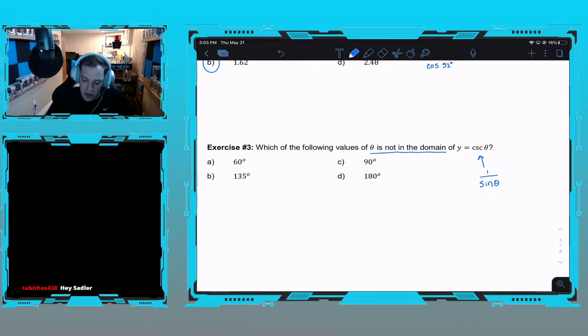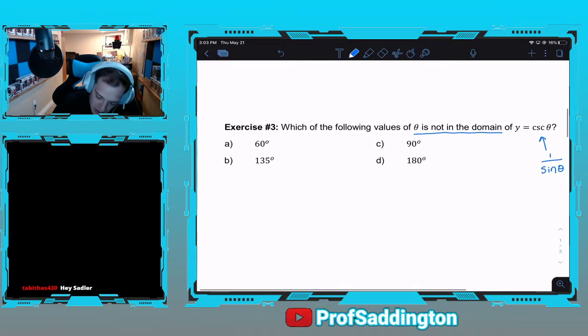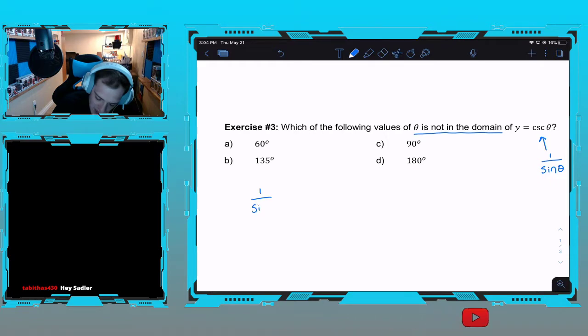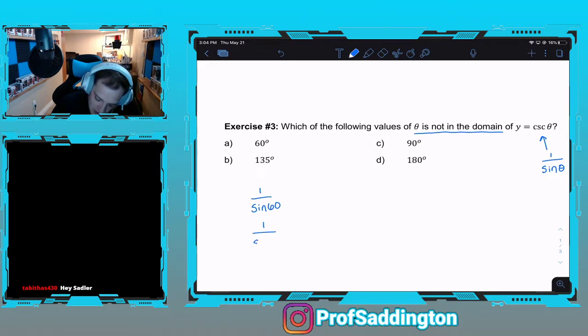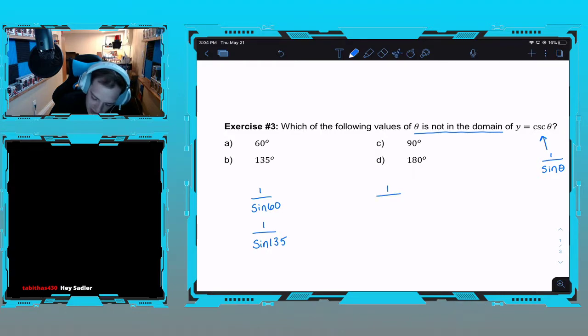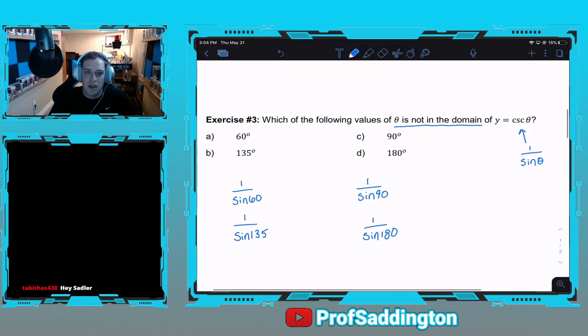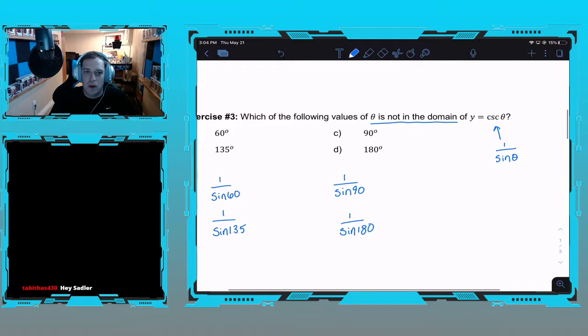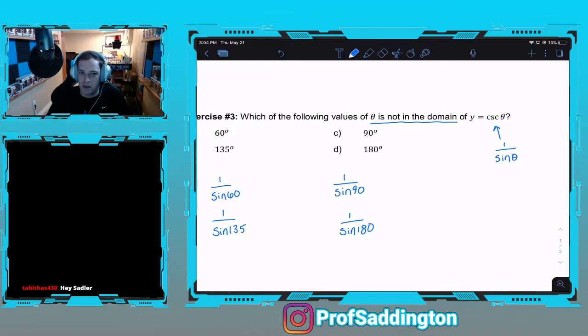Okay? So, essentially what we're doing is we're going to do 1 over sine 60. 1 over sine of 135. 1 over sine 90 and 1 over sine 180. Now, if we have a fraction, so I'm not going to do anything in the calculator yet.